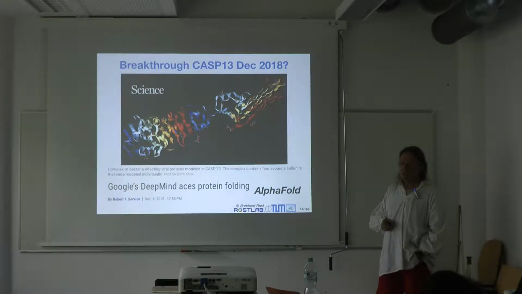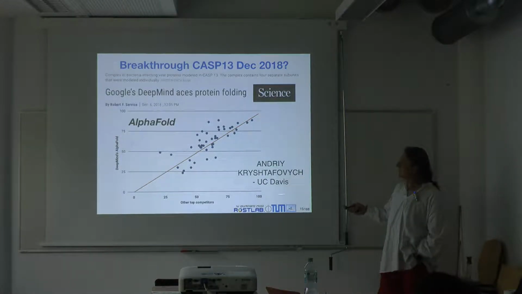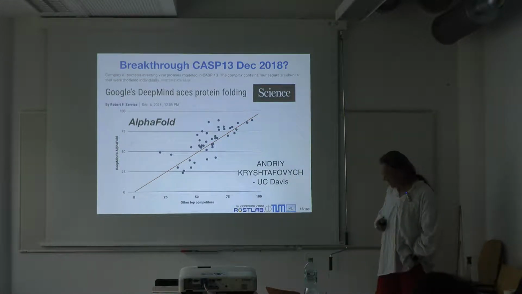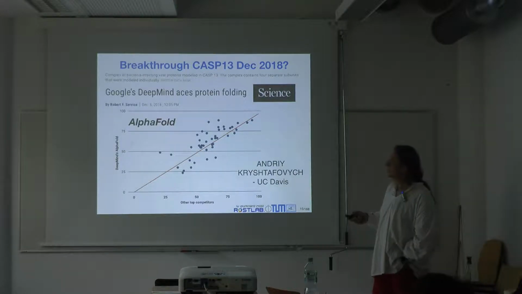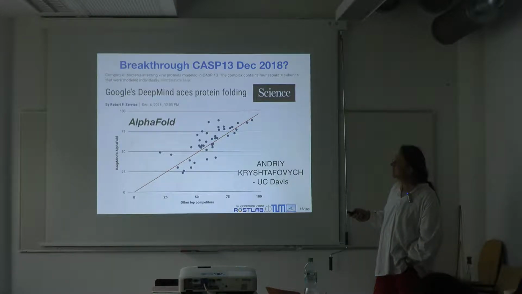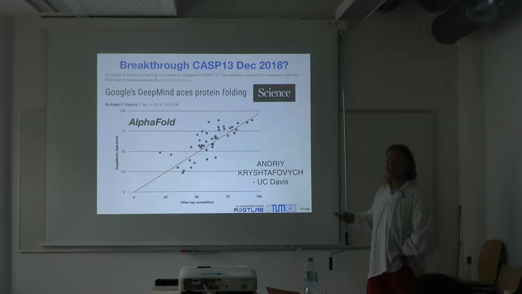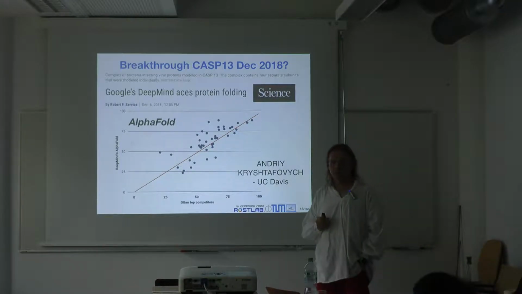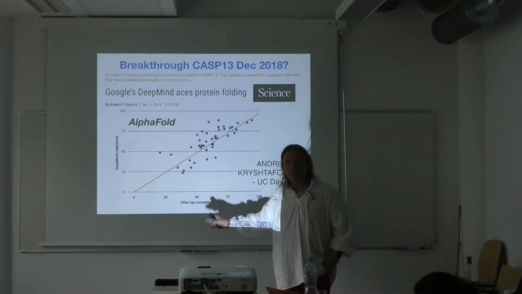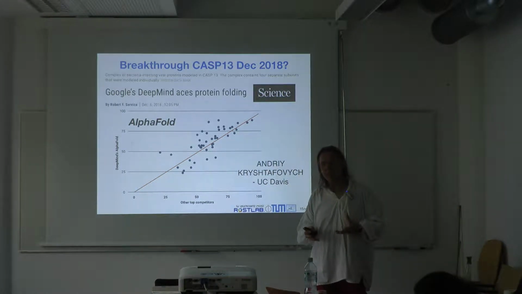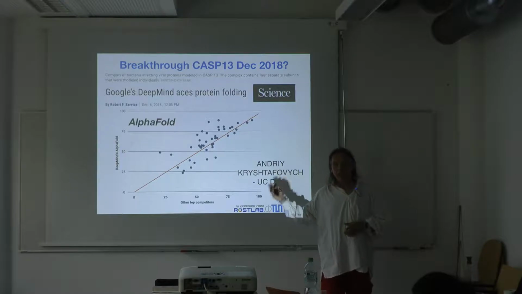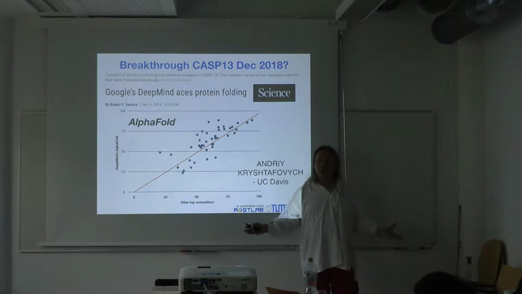But here's, from Andre at the prediction center, a plot that shows essentially the degree to which something is correctly predicted. Every point here is one particular CASP target. One thing that it shows you is that at a typical CASP meeting, the number of proteins that you get this way is not in the thousands.